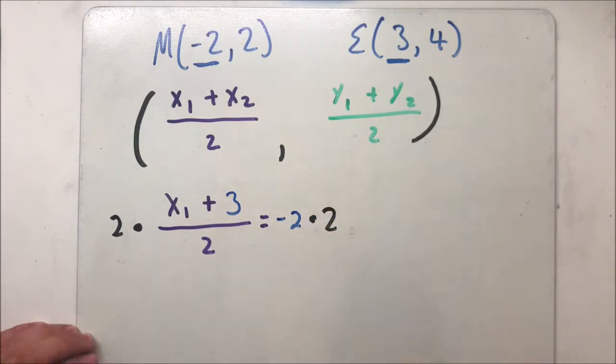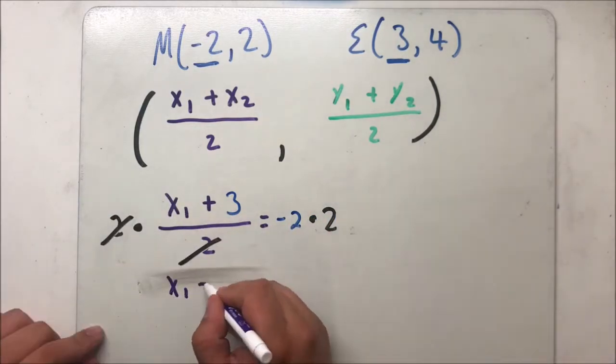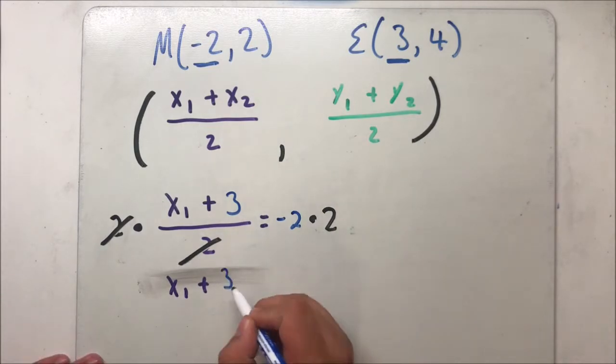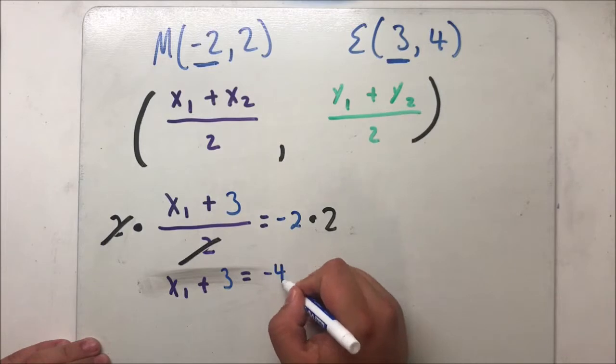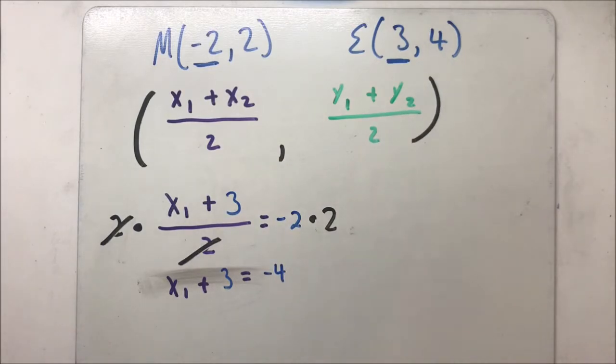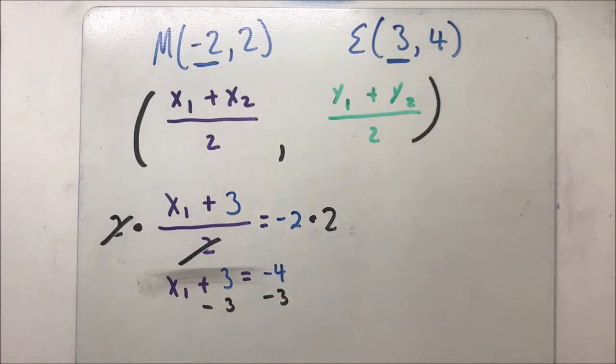After you plug in everything, you multiply 2 by both sides to get rid of the fraction. So you're left with x1 plus 3 equals -4. After that, you want to subtract 3 from both sides, and you're left with x1 equals -7.